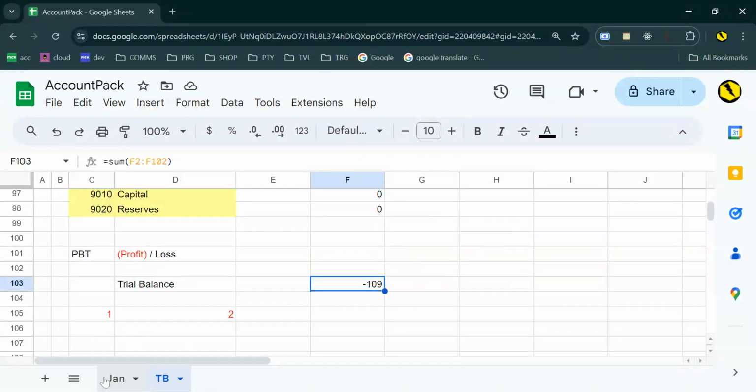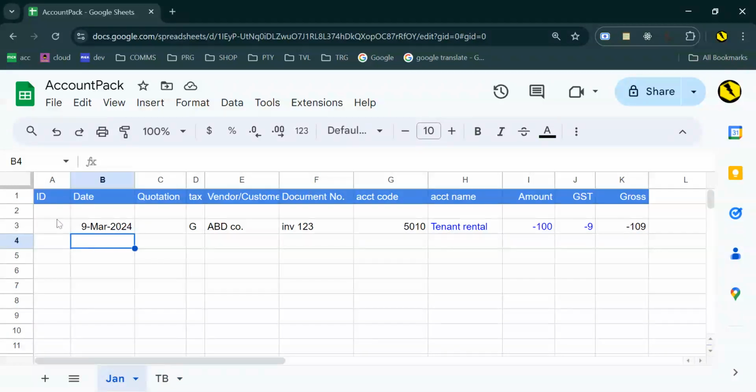Yep. Okay, accounting entry. What do you need to do? This is accounting: you invoice a rental and you have not collected it.